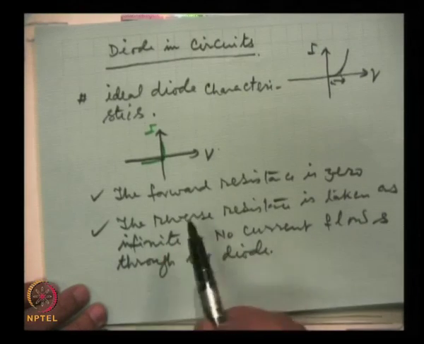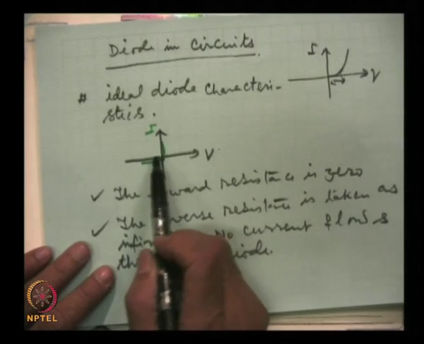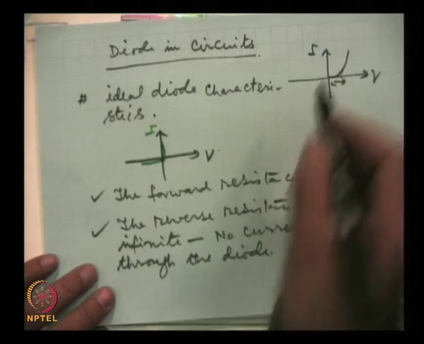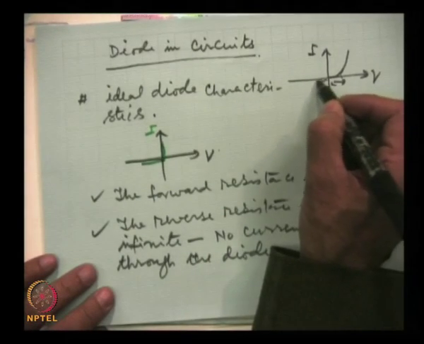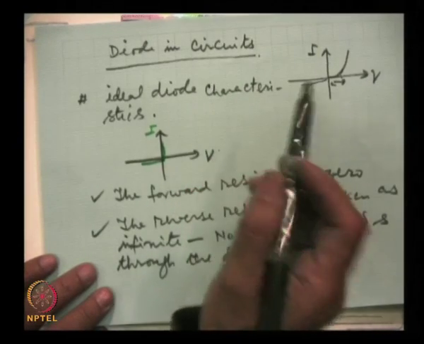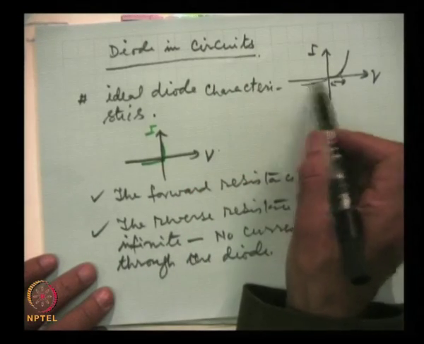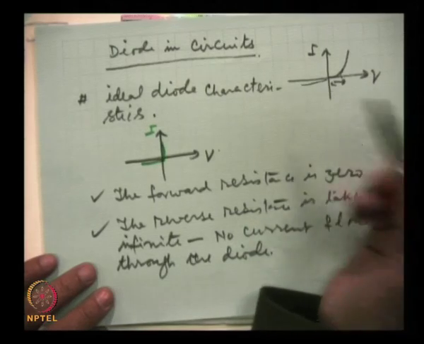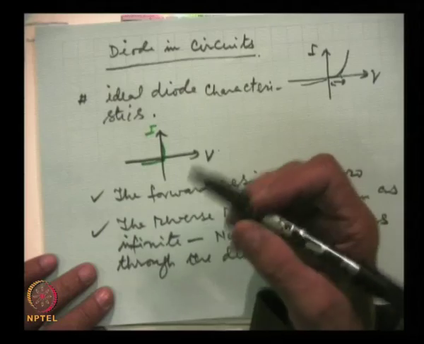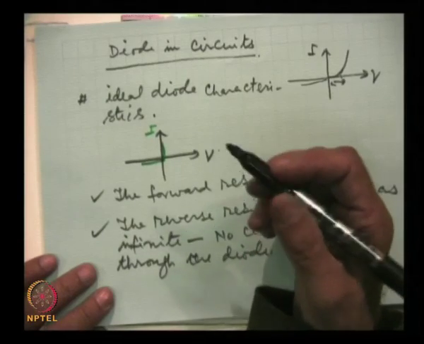In the forward direction, the resistance is taken as 0, and in the reverse direction there is a very feeble current, but because these are idealized characteristics, we assume that this current is 0, and obviously the resistance of the device, the impedance, will be infinite.